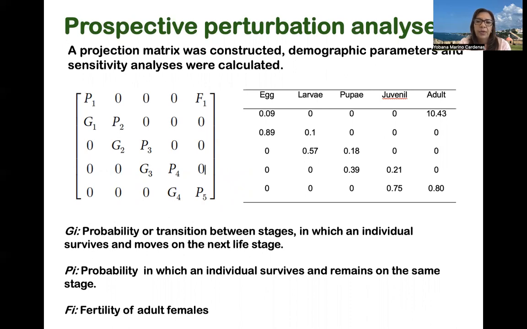And here is the probability to survive as pupae and move into the juvenile. This probability was significantly low: only 39% of the pupae survive and move into the next stage. Here is the survival of adult females. In our case, 80% of the adult females survive.